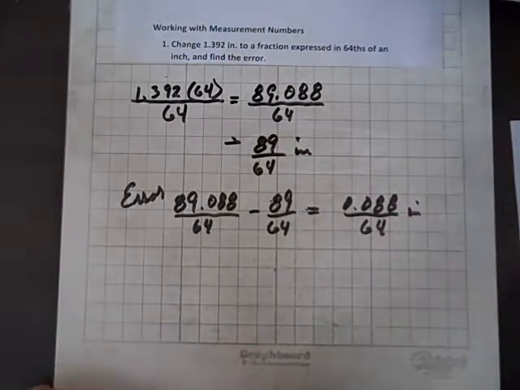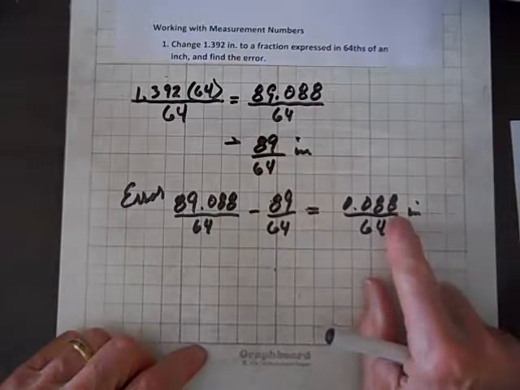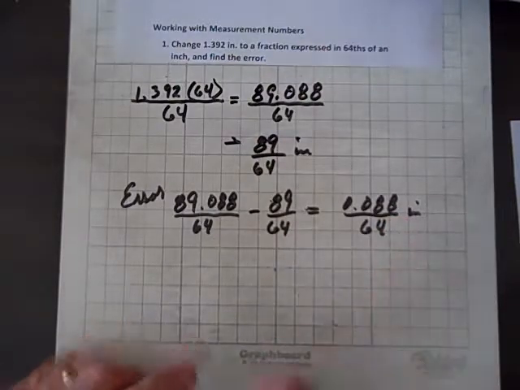So the error is 88 thousandths over 64 inches.